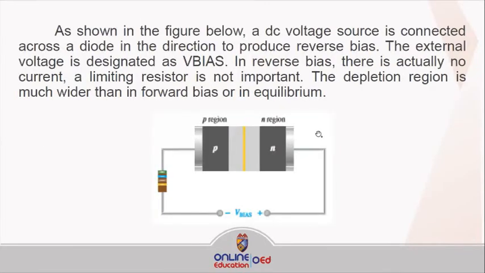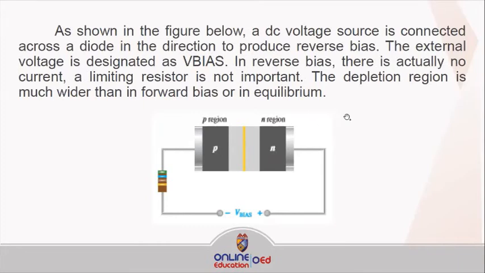As shown in the figure below, a DC voltage source is connected across a diode in the direction to produce a reverse bias. Okay, makikita natin yung positive is connected with the N region. Then yung negative naman dito, ng V bias, is connected with the P region. Going to the P region, then we have the R limit here.